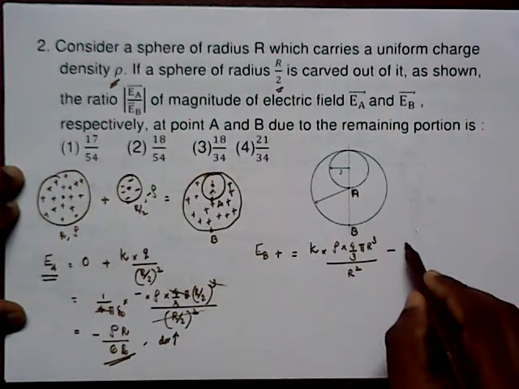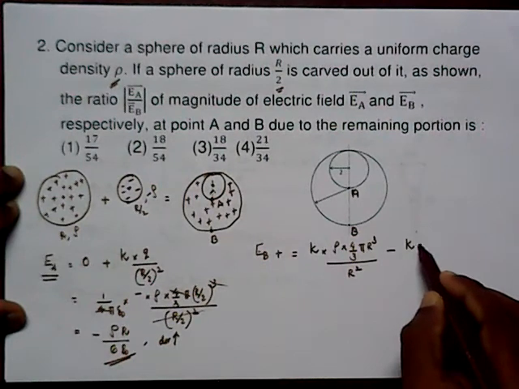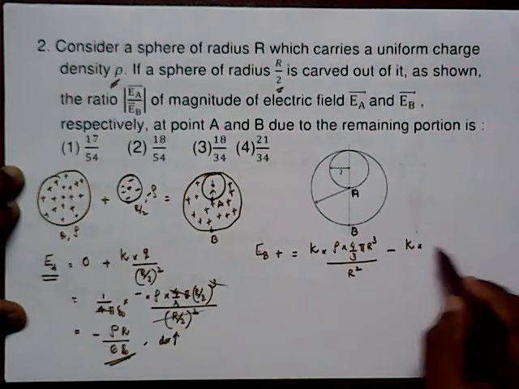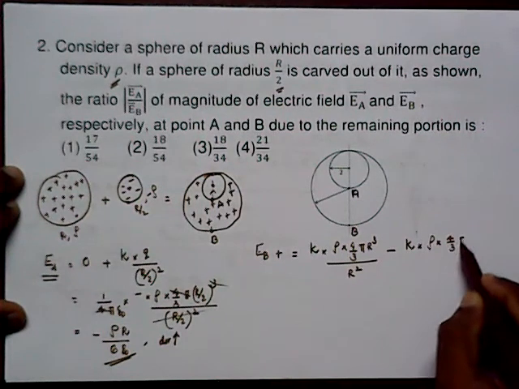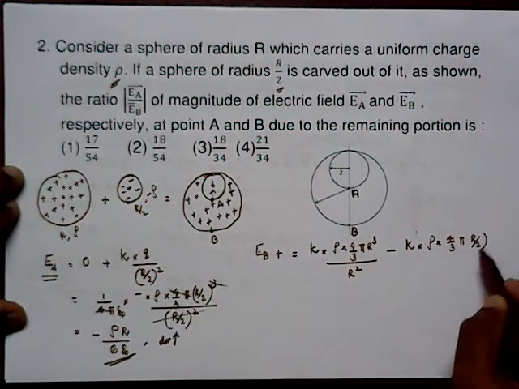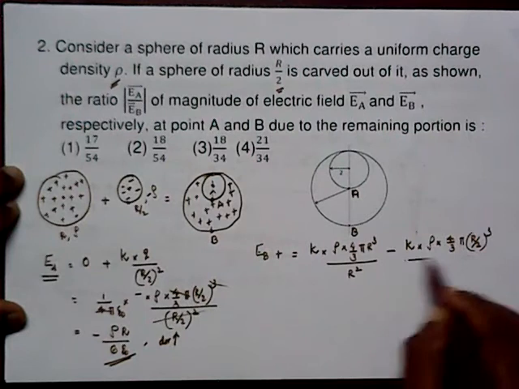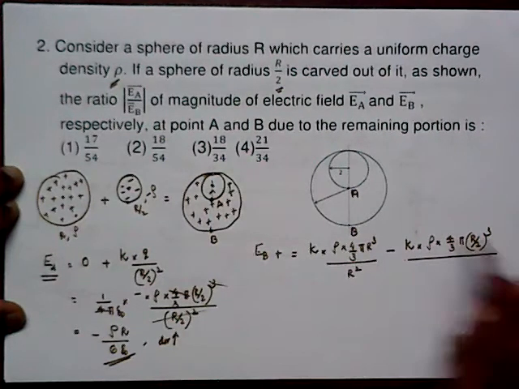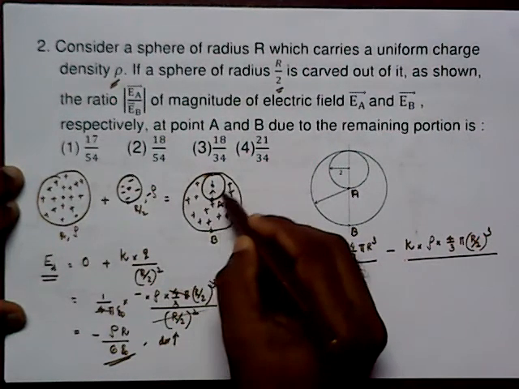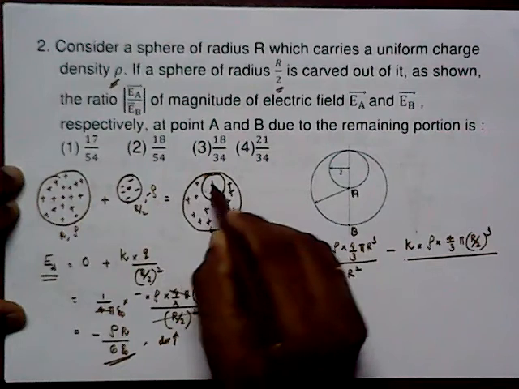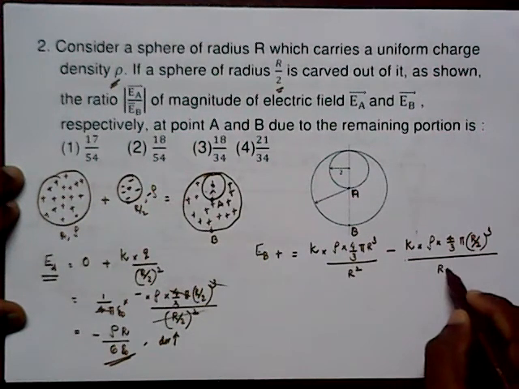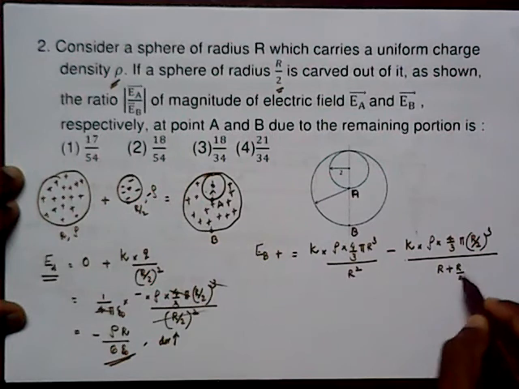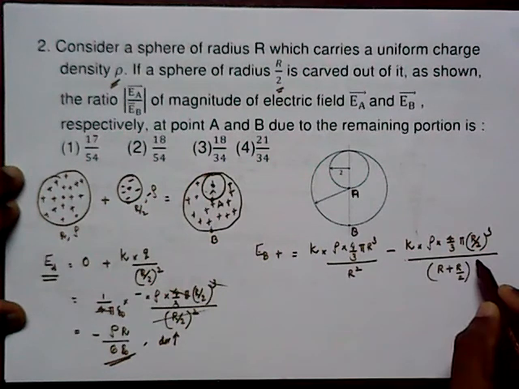So that is equal to k into the density into that volume, 4 by 3 pi, r by 2 the whole cube, divided by that separation. If you consider that negative charge as a point charge, it is located at r plus r by 2, so that much squared.